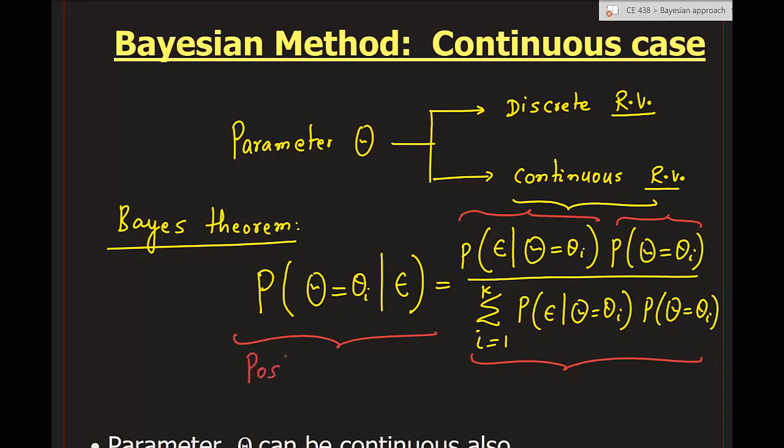So this is posterior, this term is likelihood, and this term is prior. So basically my posterior distribution can be given as likelihood times prior, and then we divide all this by a normalization constant.